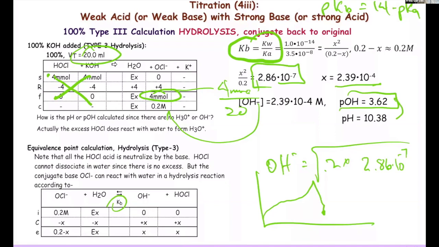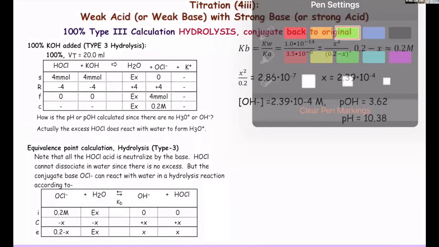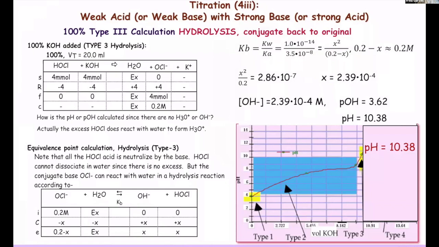You got to subtract. You got to take that number away from 14, and you get 10.38, and it's going to be up here. So this is what it looks like when you graph that. It's not going to be down here where it drops down. You know you made a mistake if it drops down like that.